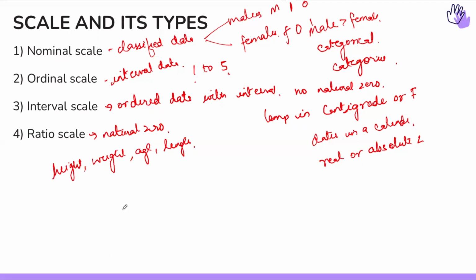For example, if our sample size is 30 or less, that is n is less than or equal to 30, then you can use non-parametric statistics. And non-parametric statistics can be used for nominal data along with ordinal data.